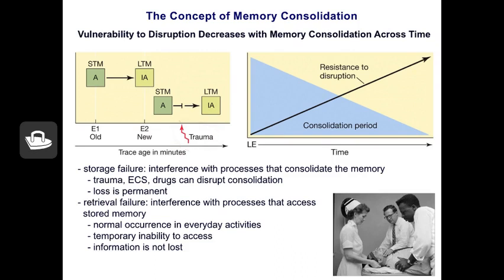Now, scientific awareness of this impact of trauma on memory consolidation, that is, awareness of the lability of memory in the early short-term stage, originates in early studies of patients who suffered traumatic brain injury. It was observed very often by medical practitioners that trauma disrupted recent memories, but typically spared more distant memories.